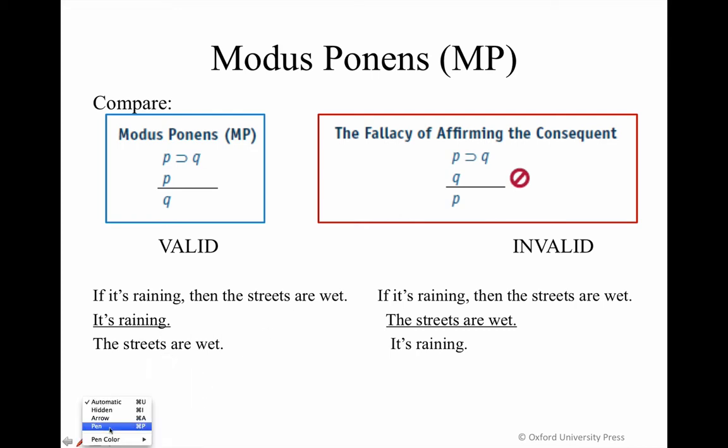Remember that we have our truth tables. So here's the first premise, here's the second premise, and here's the conclusion of the modus ponens argument. We know that the horseshoe is false when and only when the antecedent is true and the consequent is false.